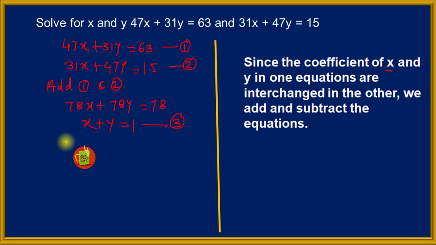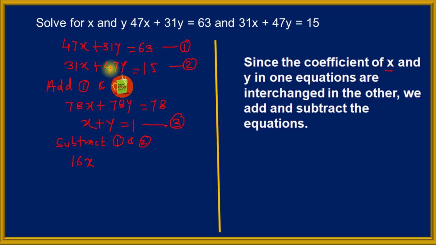And now we will subtract these two equations. Subtract 1 and 2. If you subtract, the signs will change. So 47 minus 31 will be equal to 16x.